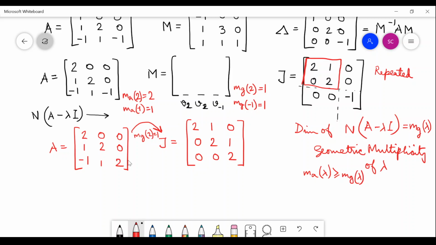So if the dimension of the null space of A minus 2I is 1, it is only giving me one eigenvector, and with that one eigenvector the Jordan form that will come out will have this form. So now the algebraic multiplicity is 3 and the geometric multiplicity is 1. So we will have a single Jordan block.